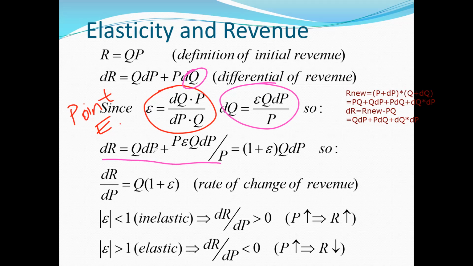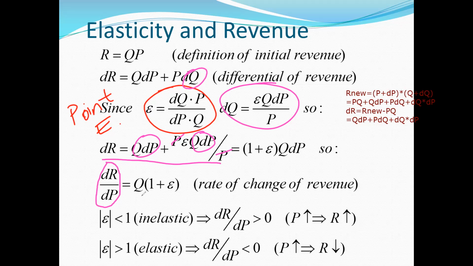And then QdP is the common factor now between both of those terms, and P will cancel out with each other. So what you end up with is dR over dP is Q times 1 plus epsilon.